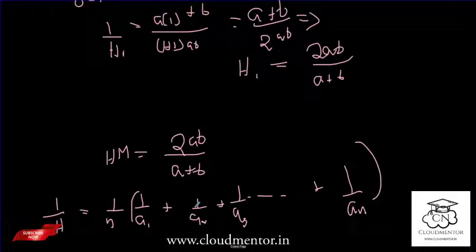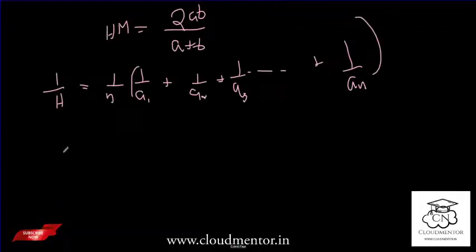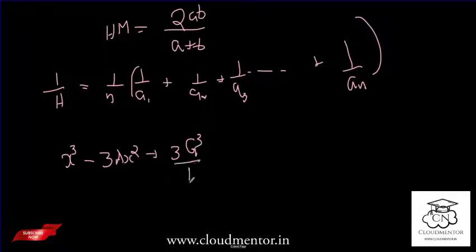And if A, G, and H are arithmetic, geometric, and harmonic means between three given numbers a, b, and c, then the equation having a, b, c as its roots is x cube minus 3Ax square plus 3G cube by H x minus G cube equal to 0.